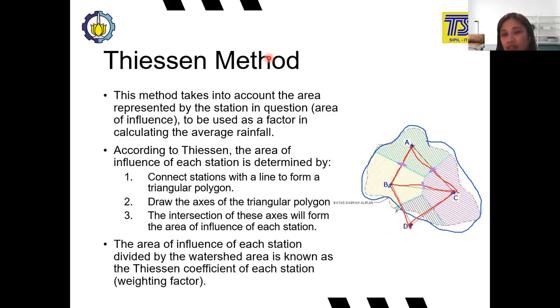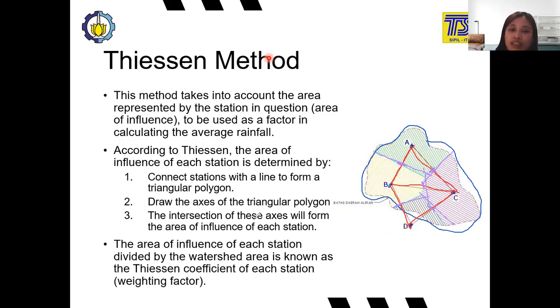This one we have here, this one here, this one here. And after we get the middle point of each line, we can draw the longer line here, meeting here. This one meeting here. This one meeting here. Yeah.